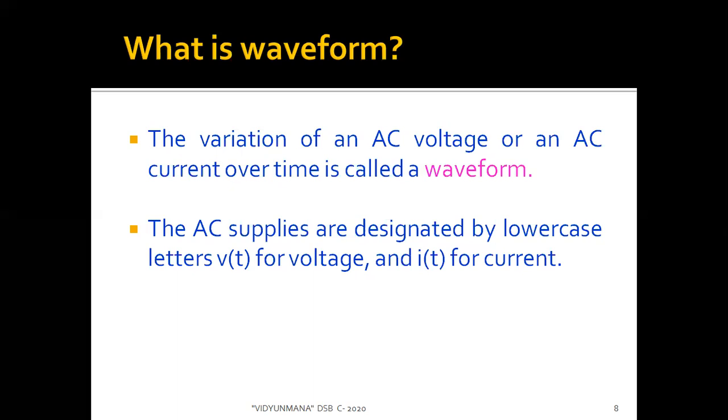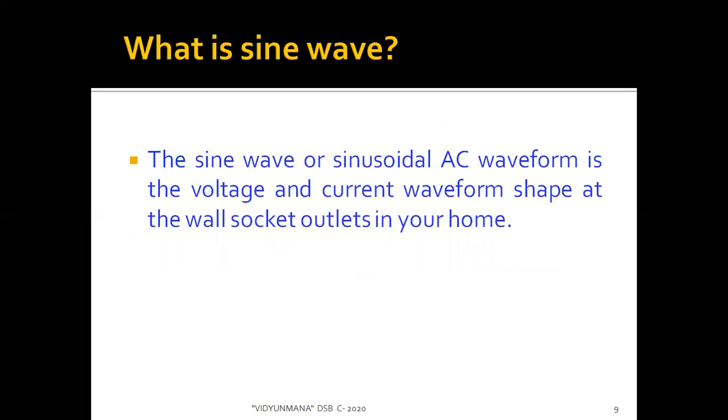The most commonly applied waveform to any circuit is the sine wave. The sine wave or sinusoidal AC waveform is the voltage and current waveform shape at the wall socket outlets in your home.